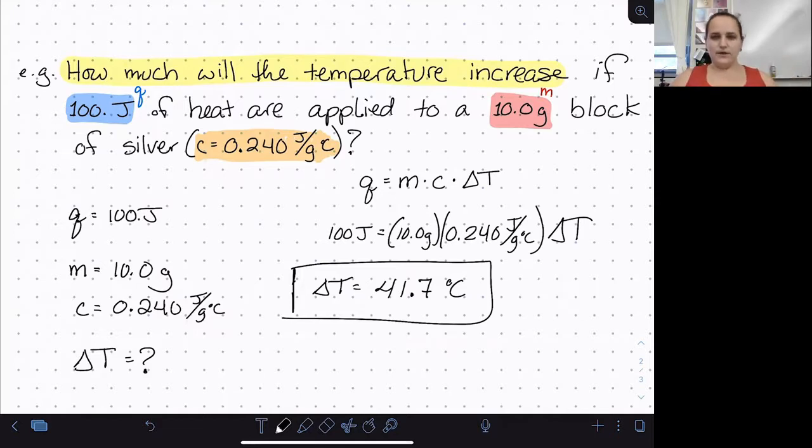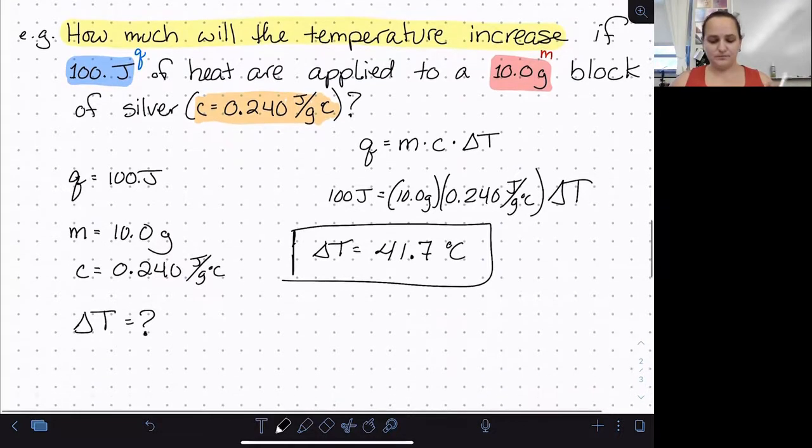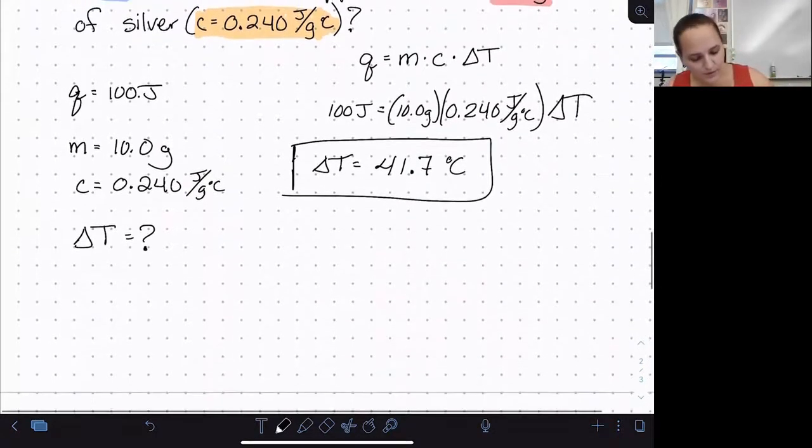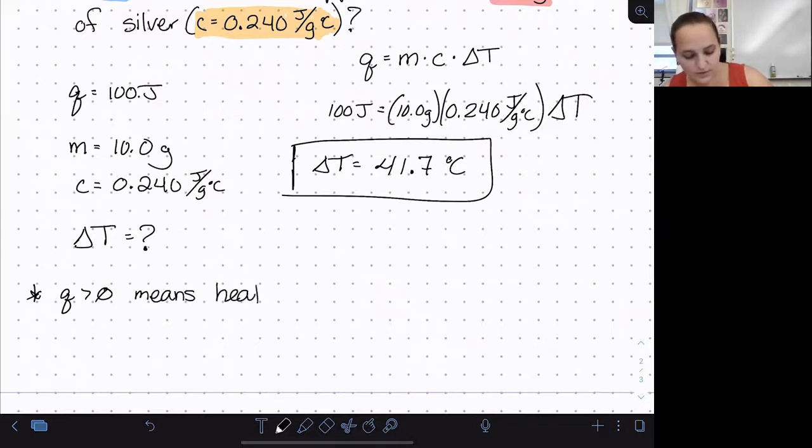One other thing to note when we're talking about heat is that the sign we use on Q indicates which way the heat is being transferred. When Q is positive, when Q is greater than 0, it means that heat was absorbed.